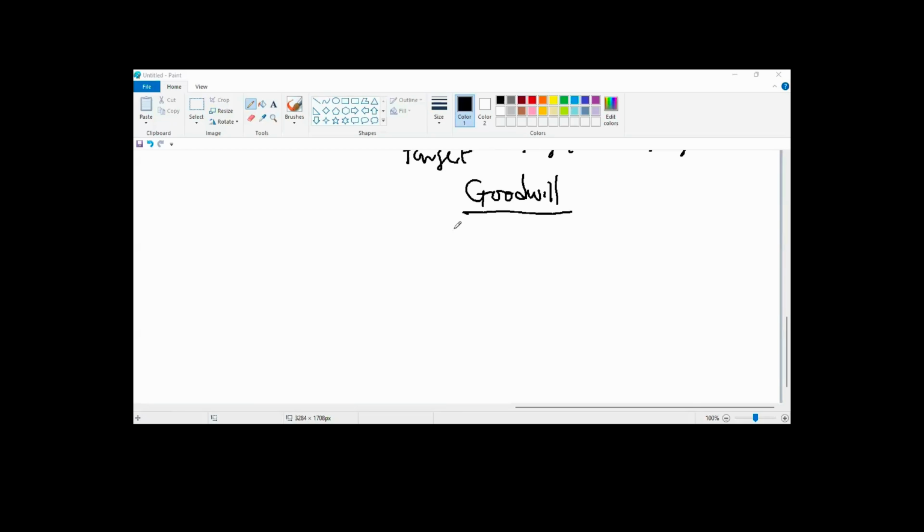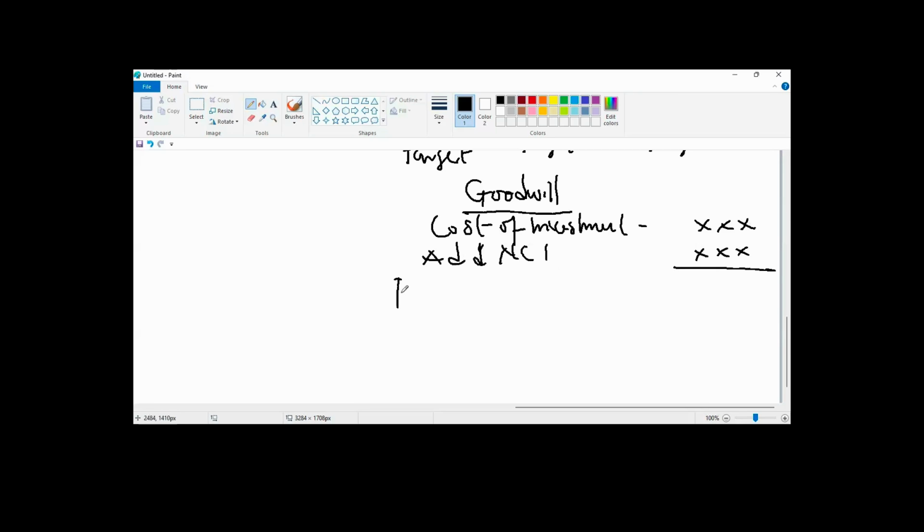So, to calculate goodwill, the cost of investment, I'll bring it. I will add NCI. After adding NCI to the cost of investment, it will give me the purchase consideration.